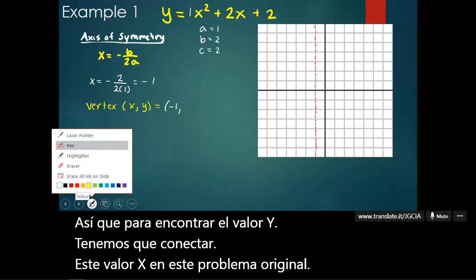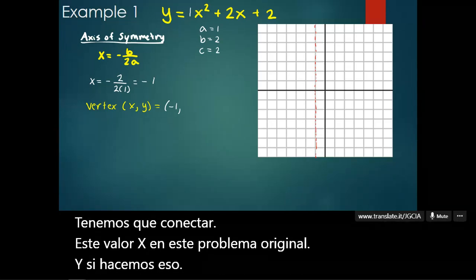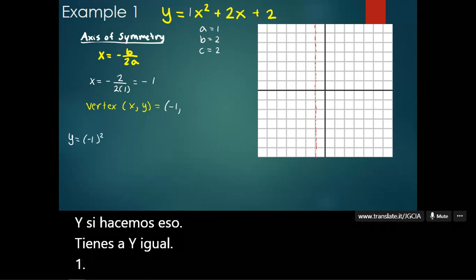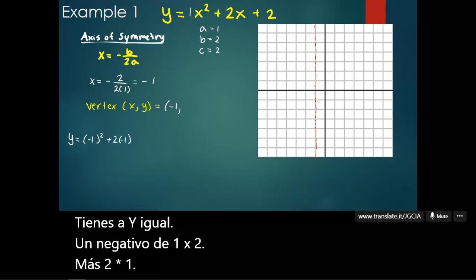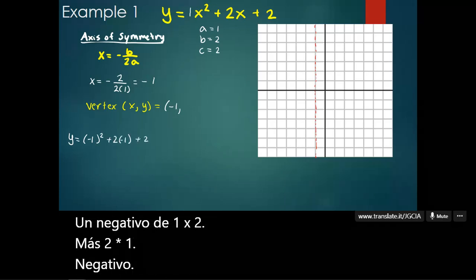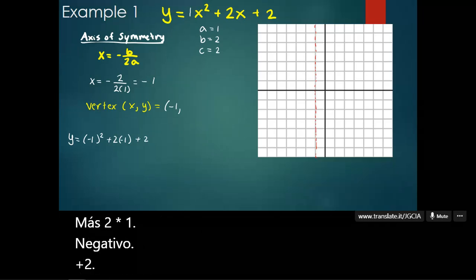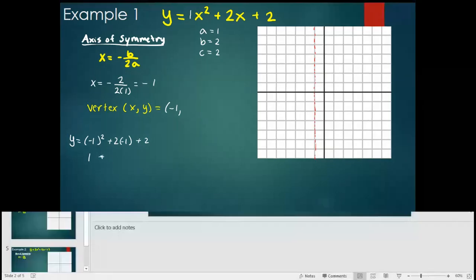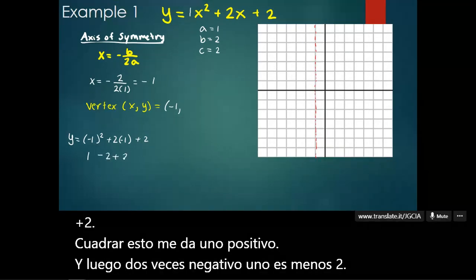And if we do that, we have y equals 1 negative 1 squared plus 2 times negative 1 plus 2. Squaring this gives me positive 1, and then 2 times negative 1 is minus 2, and then plus 2.